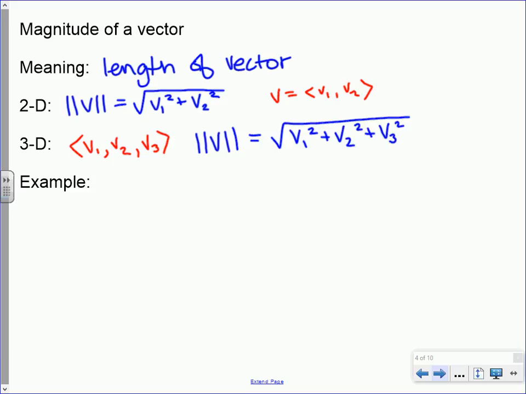It's still following the same concept as when we looked at the distance formula in 3 dimensions, where we really just have to add in that third dimension to the same formula. So vector v for this example is negative 1, 2, 2.